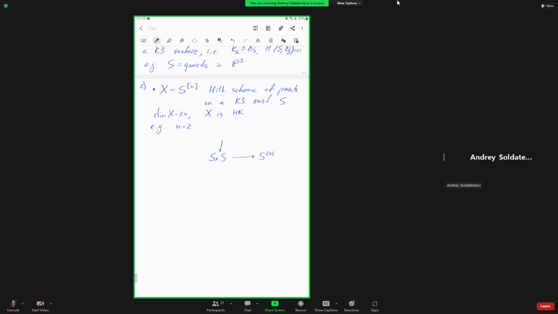We can first blow up the diagonal in this S times S. Then the action of the involution that permutes the two factors will extend to the blow up, but then the fixed locus of this action will be the exceptional divisor, and it will act along the exceptional divisor as a reflection, and for such action the quotient is actually smooth, and the quotient is the Hilbert scheme of 2 points on S, and this will be a minimal crepant resolution of the symmetric square.